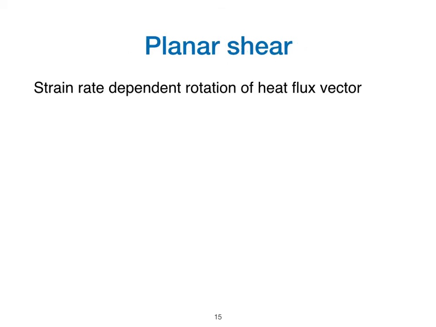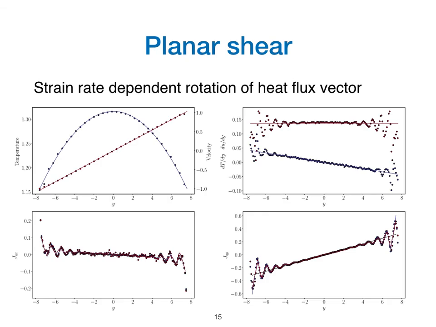For planar shear, what we find is that there's a rotation of the heat flux vector away from the normal direction, so there's a component in the flow direction. Now we can look at the velocity profile, which is very nicely linear. We're just moving one wall relative to the other and we get a linear velocity profile.